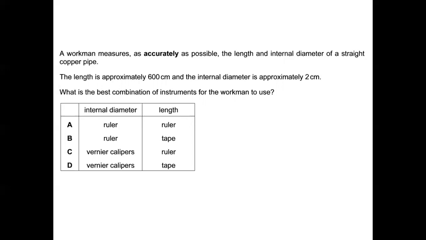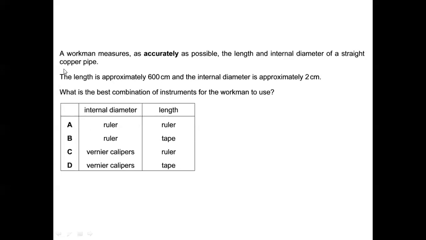Now remember, when we are dealing with small measurements and external and internal diameters, the best instrument to use will be a vernier caliper. Among the choices, only letters C and D indicated the vernier caliper for the internal diameter measurement.